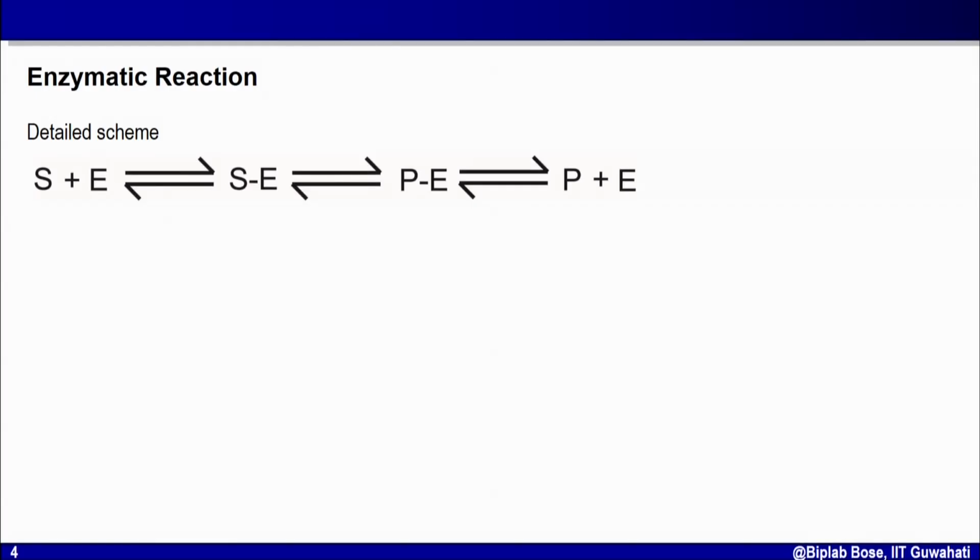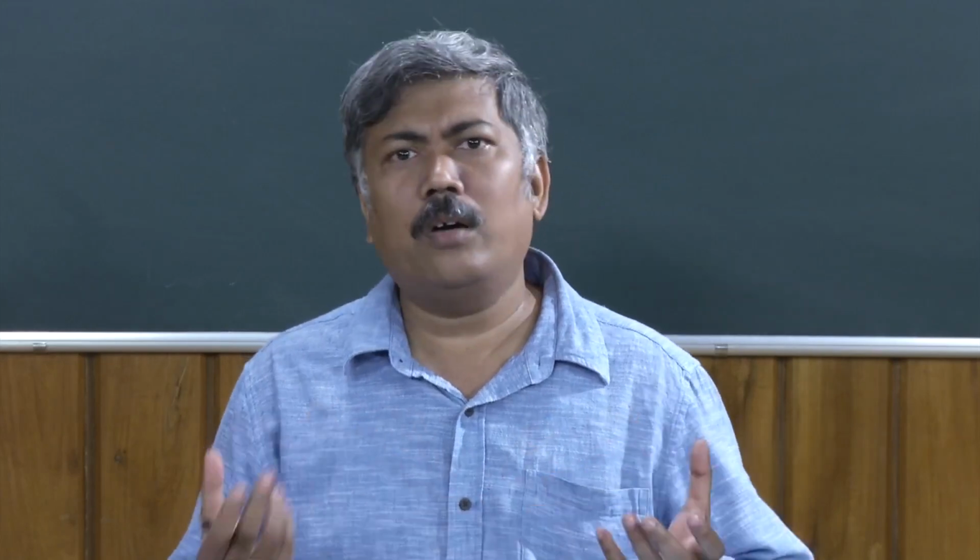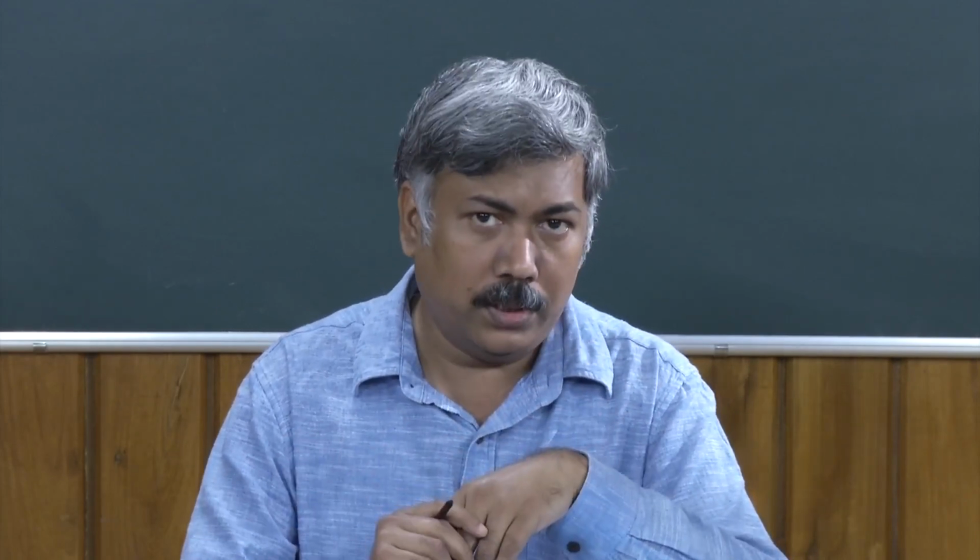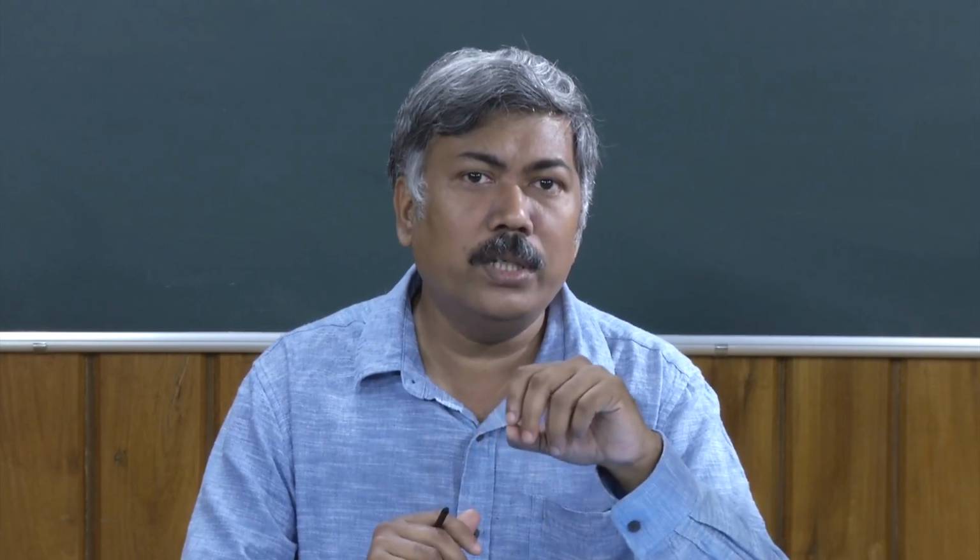Now till now, I have not looked into the mechanistic aspect of the enzymatic reaction. I have simply got inspired from the law of mass action and written down the ODE. Now in some cases the enzymatic reaction mechanism may be critical, and that may affect the dynamics of the whole process. So in that case you cannot use a simple ODE that we have discussed till now.